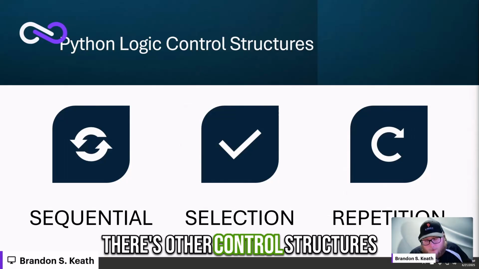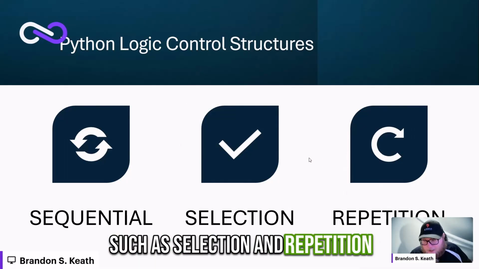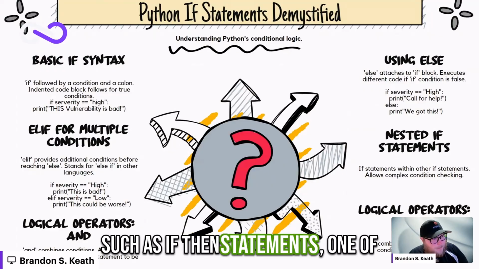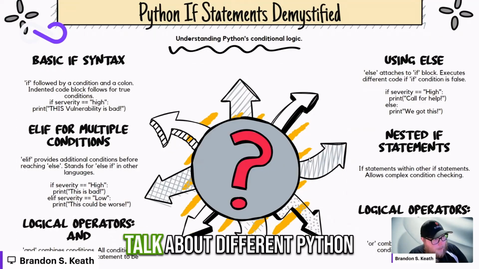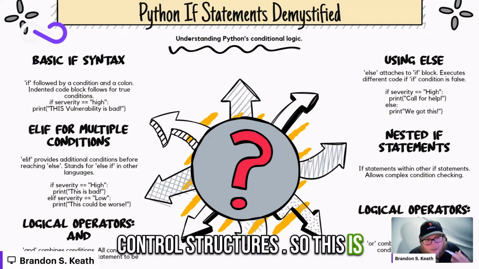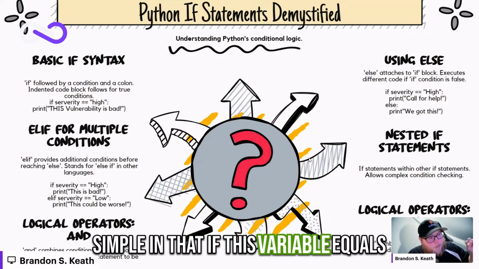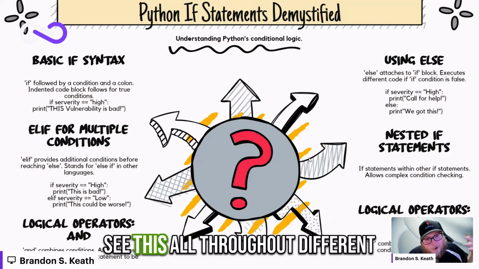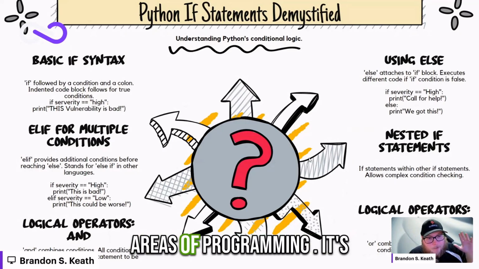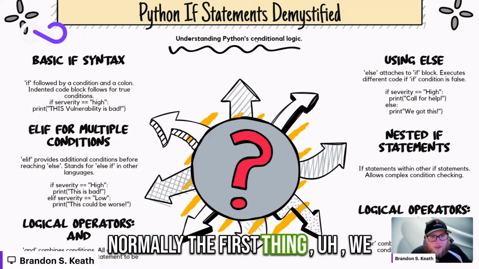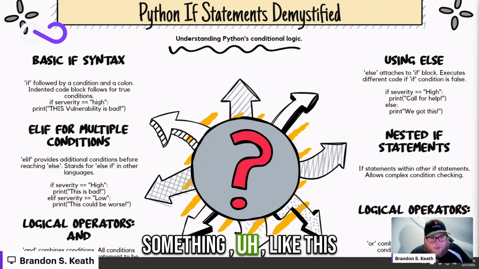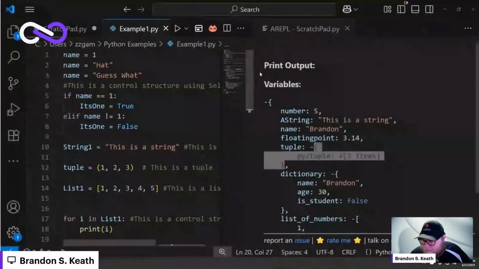But there's other control structures, such as selection and repetition, that could be very important to us, such as if-then statements, one of the most popular areas when we talk about different Python control structures. So this is simple in that if this variable equals this, I want you to do this. And we see this all throughout different areas of programming. It's normally the first thing we learn, and that can look something like this.